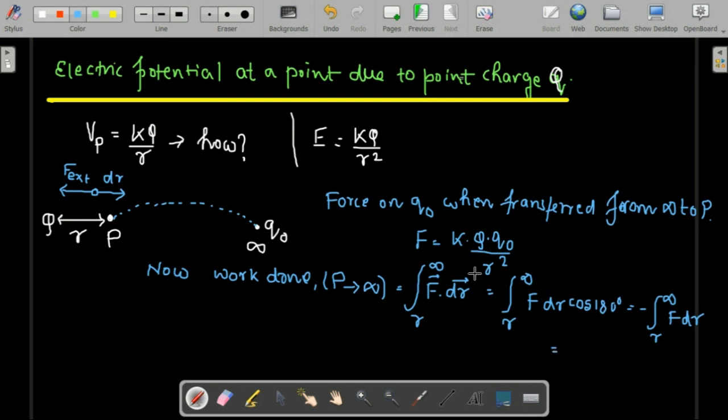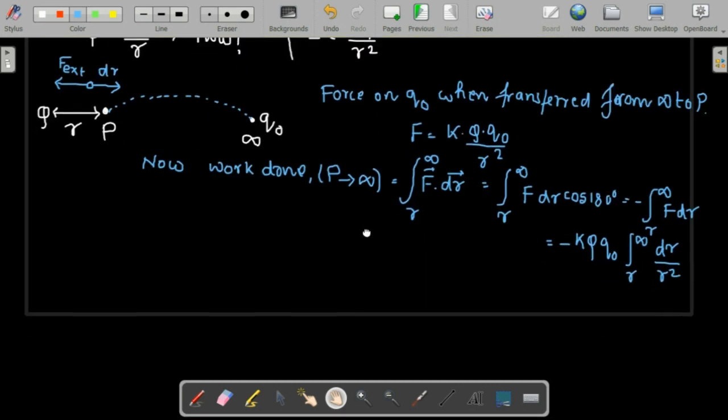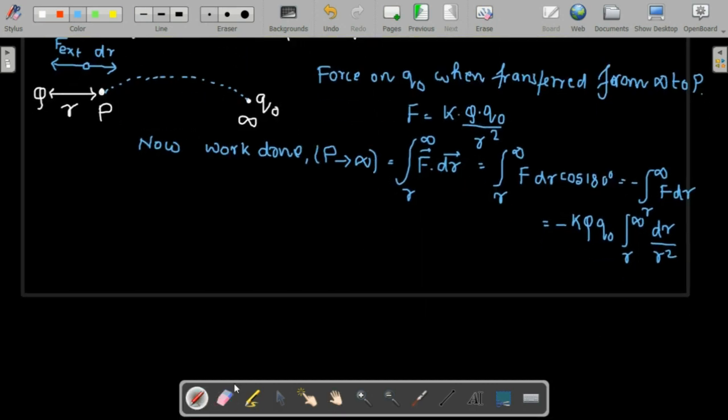Now if you look into this force, we can see k, Q, Q naught are constants, they don't change. I can integrate minus, r to infinity, into dr, but there is the r here, so I will take it by r square. So that means we have to just integrate this: minus of k Q Q naught, integration 1 by r square.